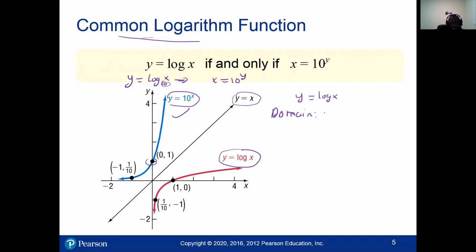Domain is anything greater than 0, or just say that x is greater than 0, basically. And what's the range? Range is from negative infinity to positive infinity. Now notice that for the exponential function y is equal to 10 to the x, what's the domain?